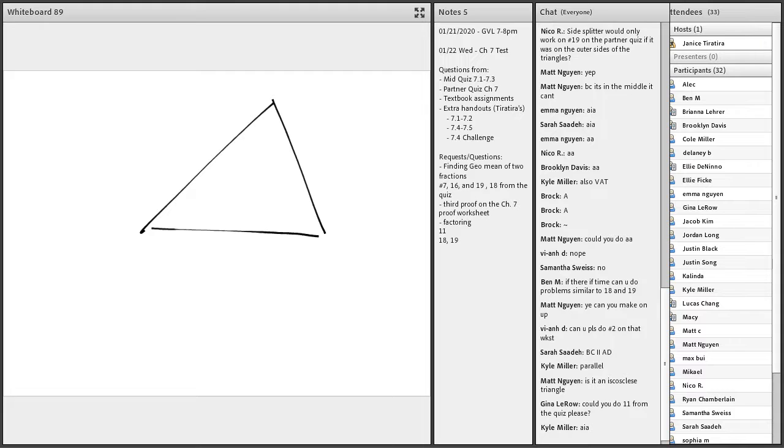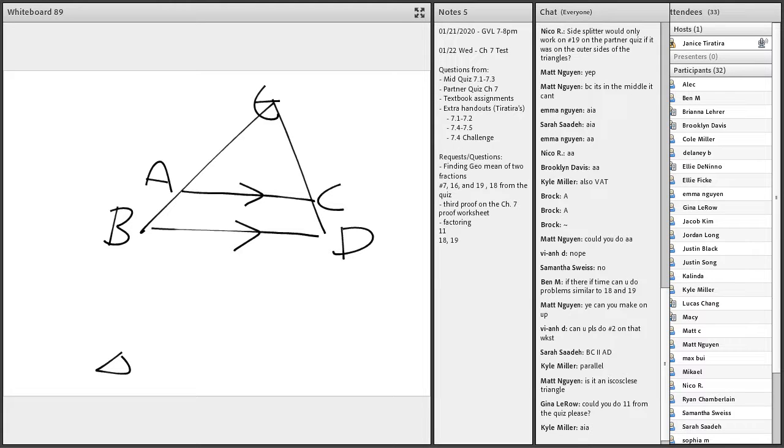a triangle, and then I had, this is parallel, so A, B, C, D, E. And I'm trying to prove in the end AEC is similar to BED. So we know AC and BD are parallel.